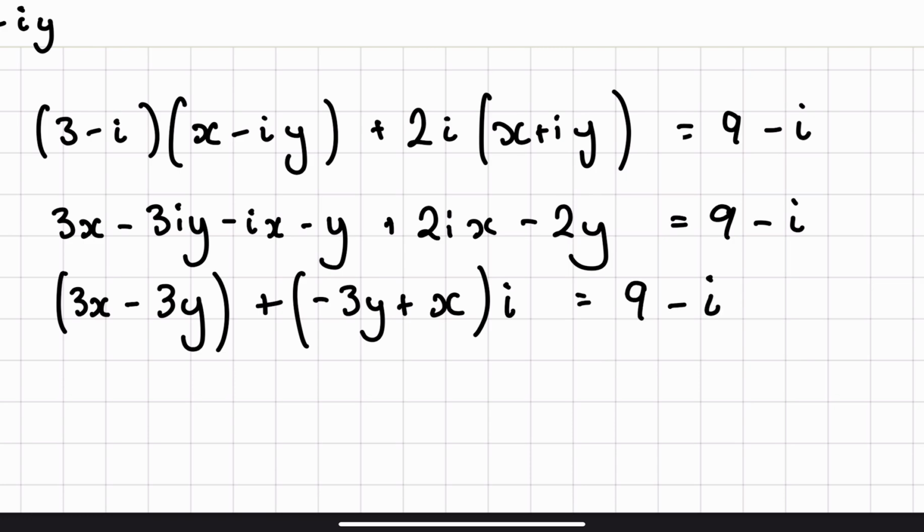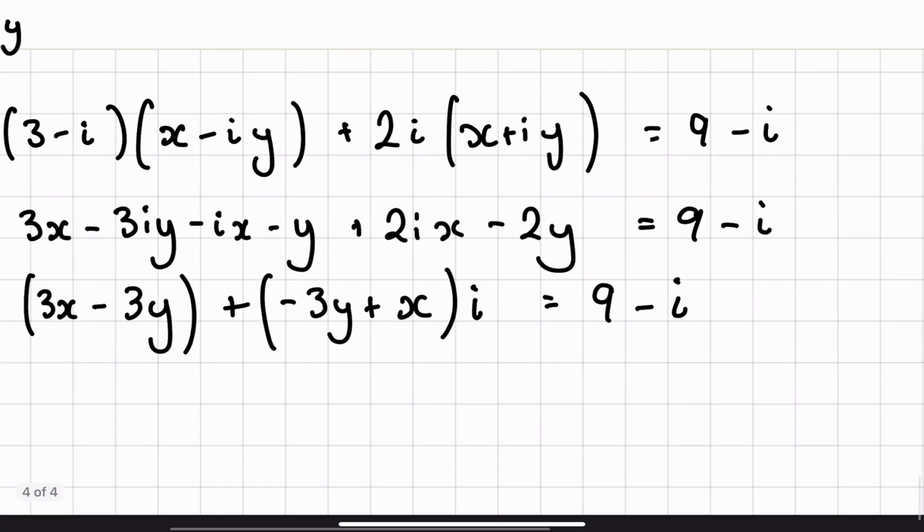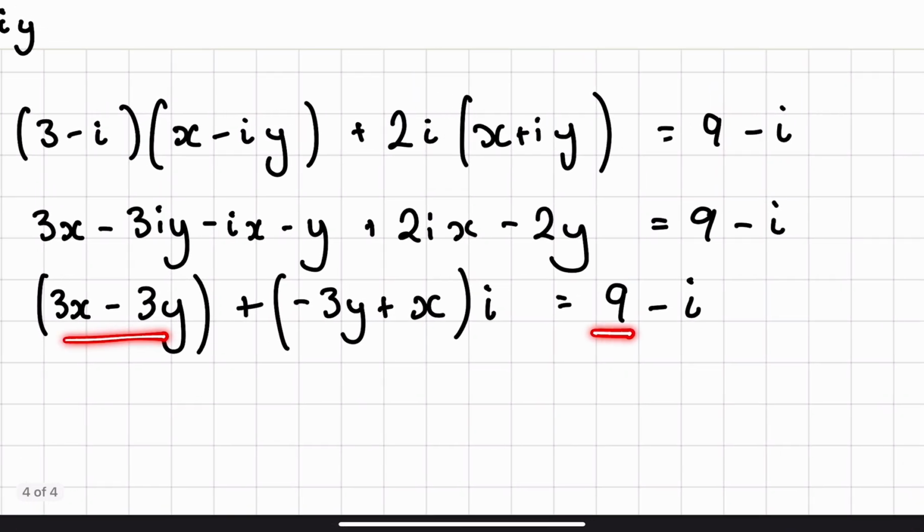So now we've got some simultaneous equations. We've got the real part here equals 9. And the imaginary part equals, well, we've got it as minus 1. So I'm going to rewrite that as the following. 3x minus 3y gets me 9.